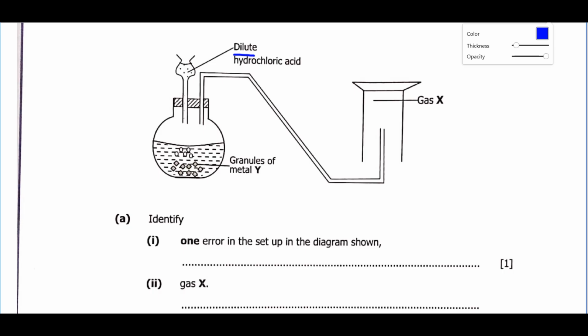So let me look at this part here. We call this one a thistle funnel. If you look at the way it should be, this thistle funnel must be dipped. It has to enter into the granules of whatever is reacting.